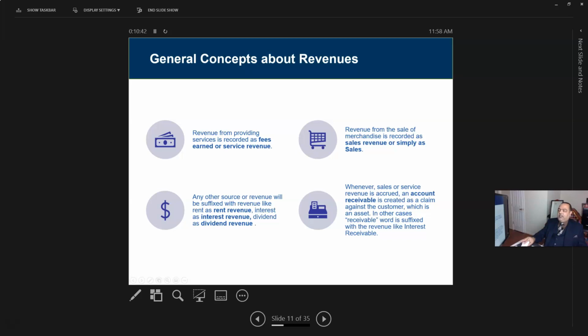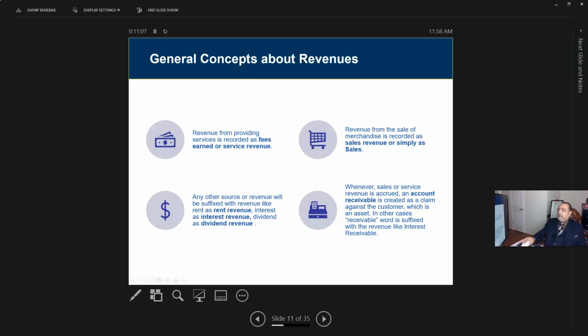Dividend as dividend revenue. Whenever sales or service revenue is accrued and accounts receivable is accrued, it means I have provided the service or sold the products but have not received cash, so then it is an accrued amount. I have done my part but the customer is yet to pay me.